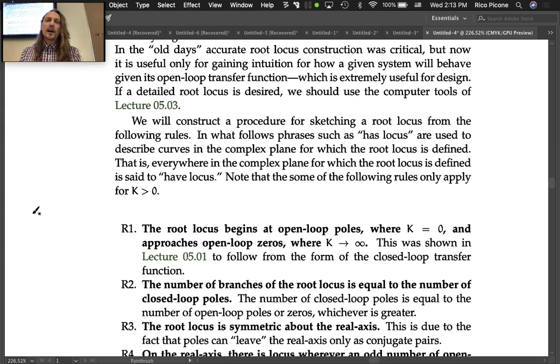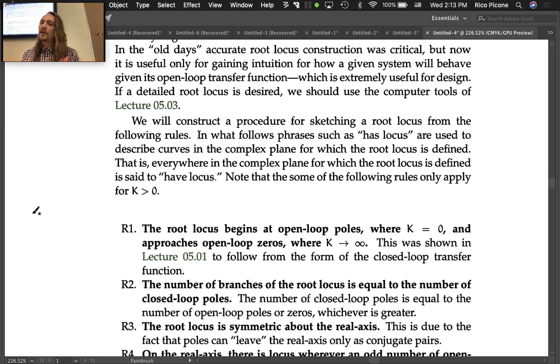We will construct a procedure for sketching a root locus from the following rules. In what follows, phrases like "has locus" are used to describe curves in the complex plane for which the root locus is defined. That is, everywhere in the complex plane for which the root locus is defined is said to have locus.